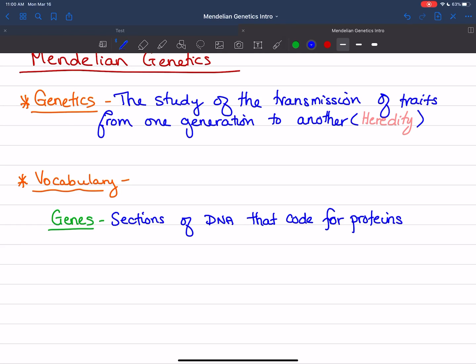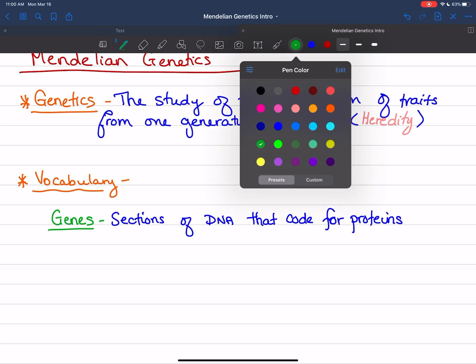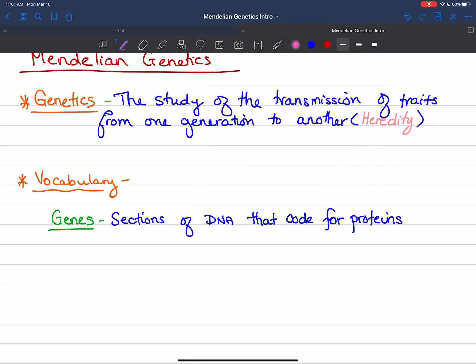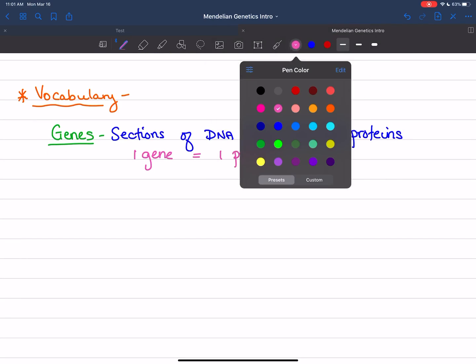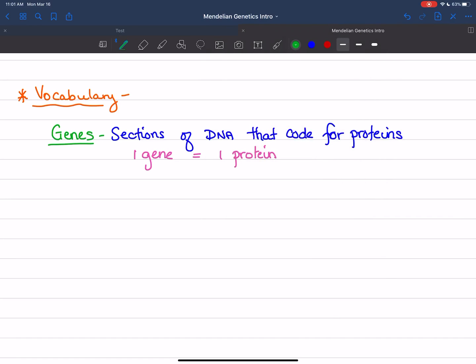And we saw that the general idea in our last unit was that one gene will code for one particular protein. Okay, so genes will code for things like proteins, or depending on what protein they're going to code for, you might have different traits. It might also influence patterns of behavior, for example, whether or not you can camouflage, those kinds of things.